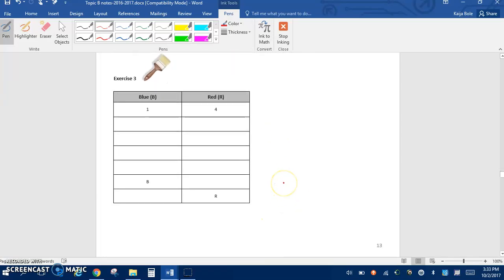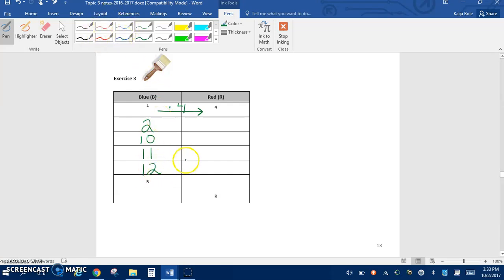And now we are going from blue to red. So again, we are asking ourselves, how are we getting from 1 to 4? That means we would be multiplying by 4. So here, I'm going to fill in some numbers down this side. I'm going to put in 2, 10, 11, and 12.